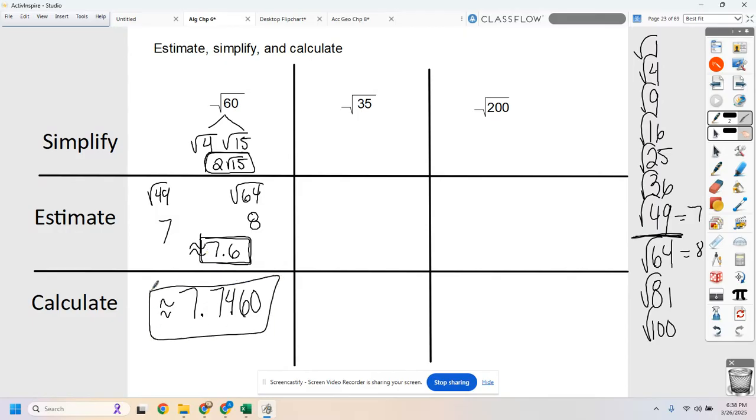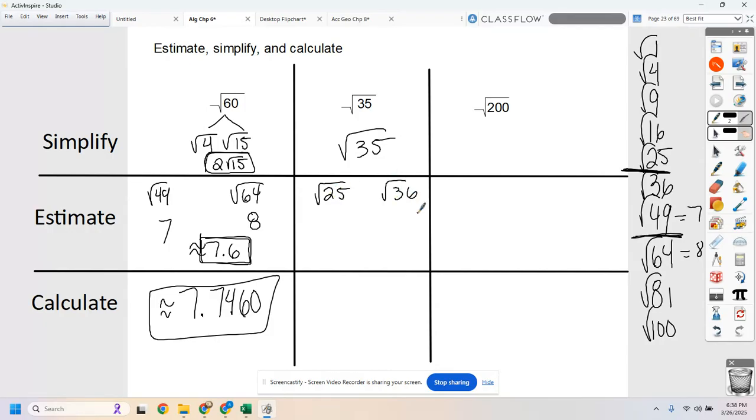So let's do it with 35. Well, if you remember, 35 isn't simplifiable because 35 isn't divisible by 25, 16, 9, 4, or 1. So this is the simplified answer, square root of 35. Now, where is the square root of 35 in this list? It would be right about here. So it's between the square root of 25 and the square root of 36.